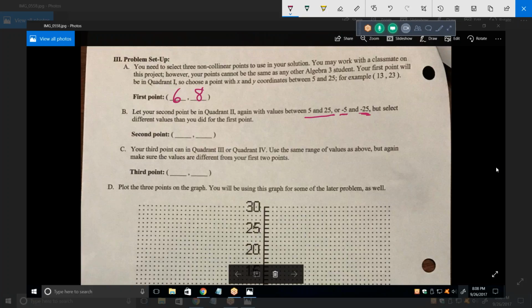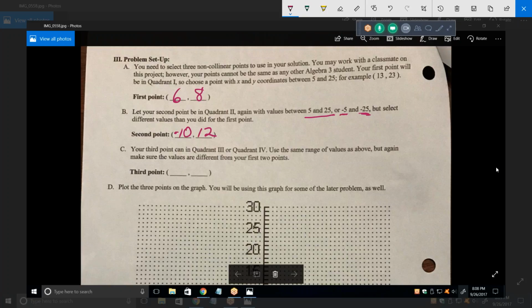So the y value is going to be between 5 and 25, but the x value is going to be between -5 and -25. Select different values than you did for the first point. Let's do -10, 12.